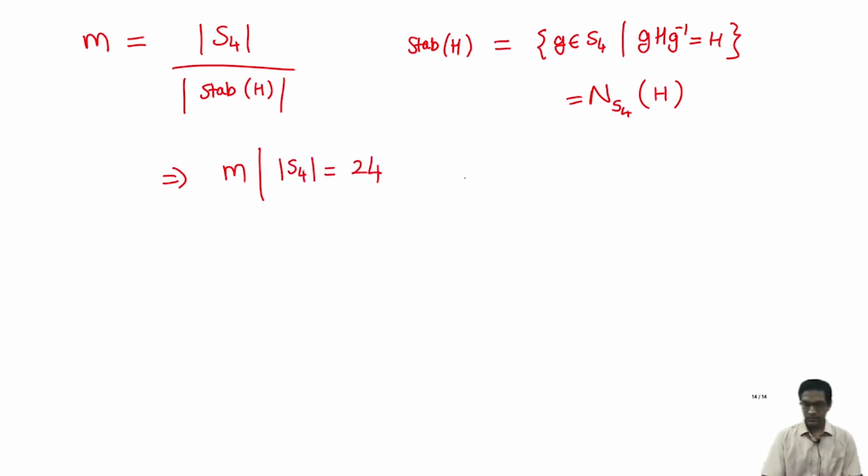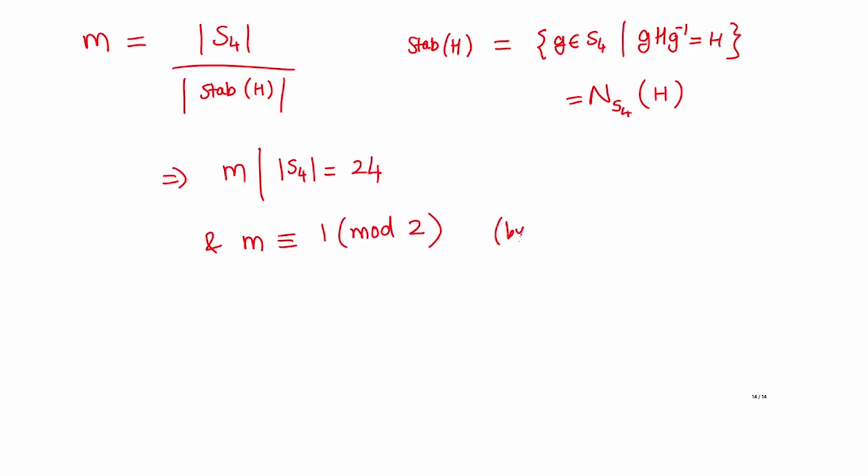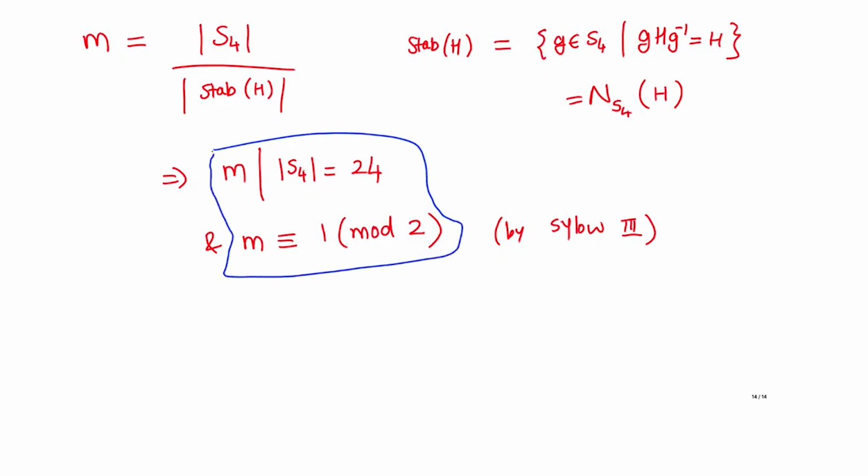We also know by Sylow theorem number 3 that M must be congruent to 1 modulo 2. Now we have 2 facts about M: that M is a divisor of 24 and M is an odd number.